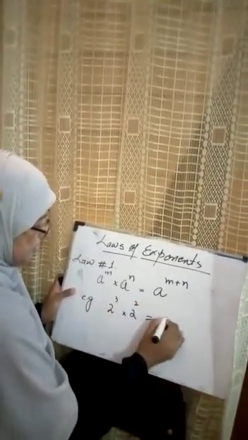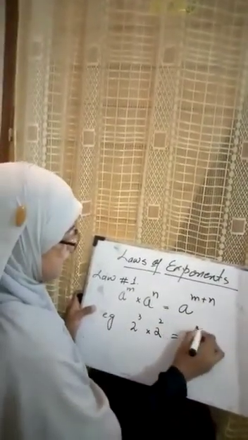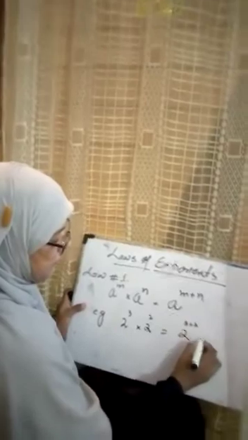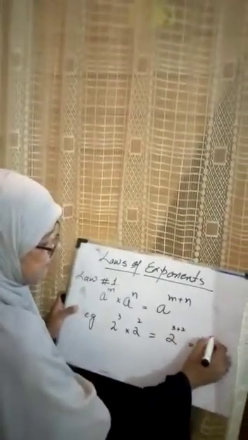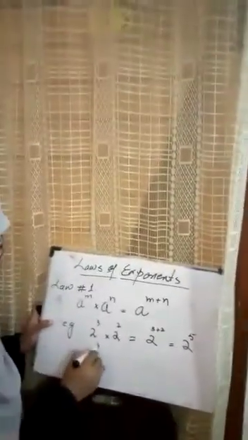Its result will be: write 2 one time and add their powers, 3 plus 2, which is equal to 2 to the power 5. Base is written in large figure and exponent in small figure. Similarly, 4 to the power 3 multiplied by 4 to the power 5. Its answer will be 4 to the power 8. This is law number 1, right?